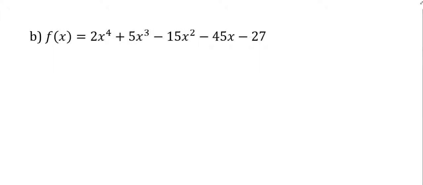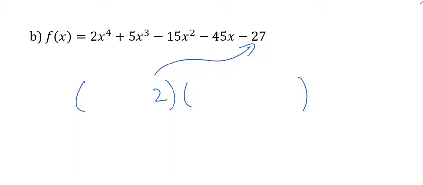Won't they have to be factors of 27? There's no point in trying 2 and negative 2, right? Because they would be in the answer like this, but that's not going to multiply to that. So I'll try 1 and negative 1, and then I can jump to 3 and negative 3, and then I could jump to 9, I guess.